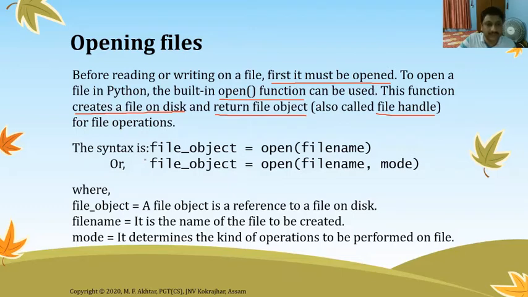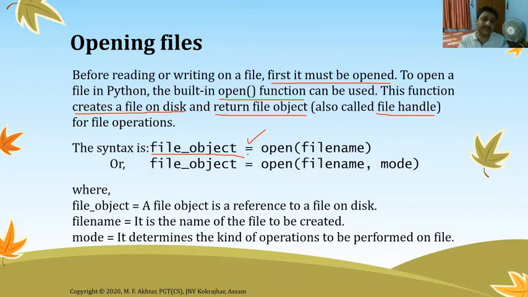Now see the syntax, how we can open the file. This open function is used like this. First, we use the assignment operator. This equal to operator is known as the assignment operator, and on the left side of the assignment operator we have to give the file object. And what is a file object?